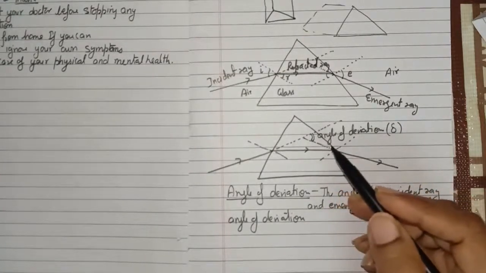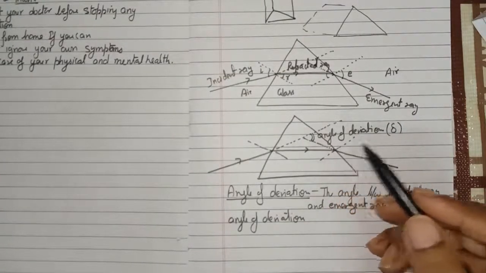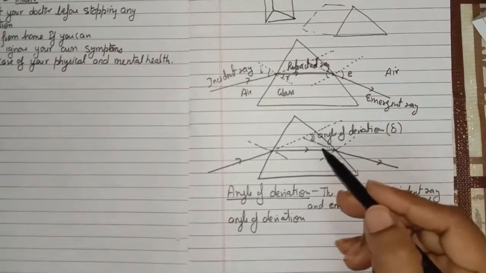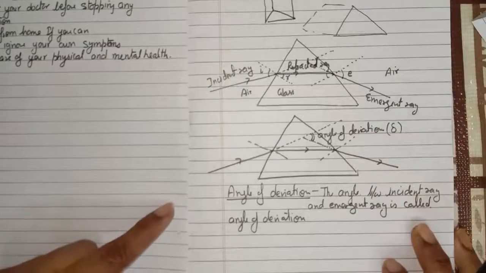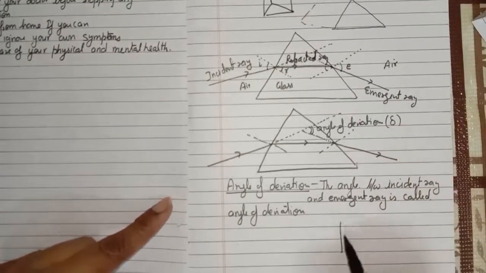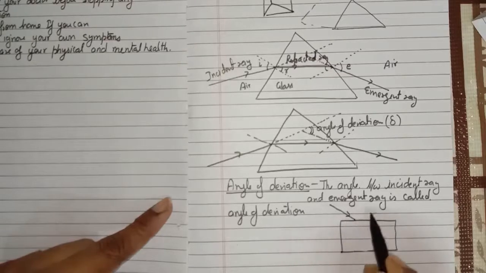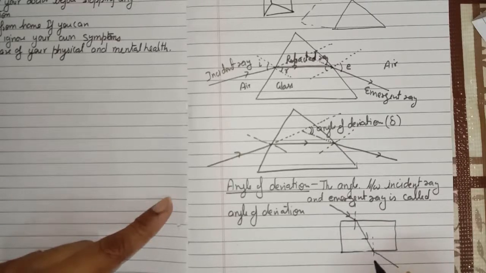I think it is easy to understand why this type of angle of deviation is not formed in a glass slab. We have learned in the last chapter that in the glass slab, the light which is coming from air into the glass is bent towards the normal, and when it passes from the glass into the air, it again bends away from the normal.